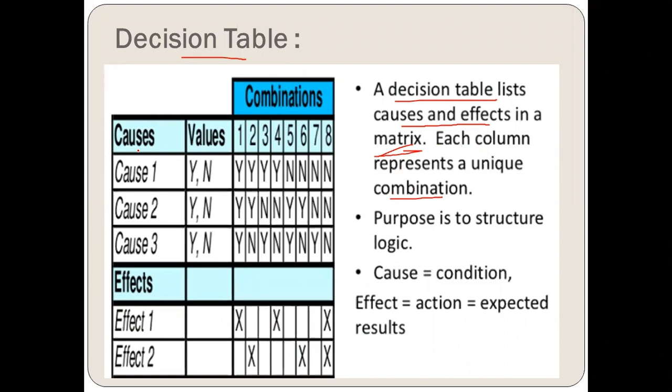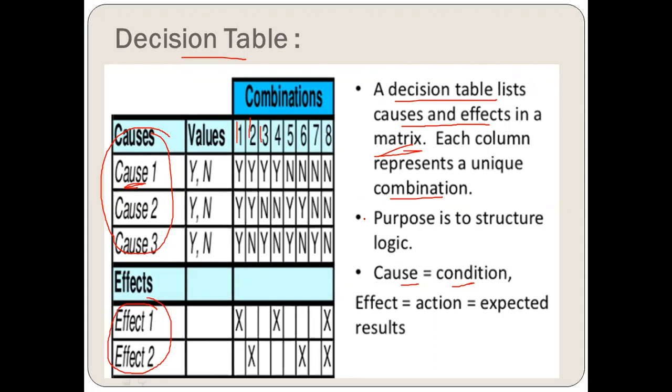Matrix, we all understand what is matrix form, right? Each column you can see here is 1, 2, 3, 4. What are these? These are unique combinations of conditions. These are the conditions. Conditions are also termed as causes. You can see here, causes are also termed as conditions, right? Then in the next part of the table, we have the effects, or we also call the effects as actions, right?